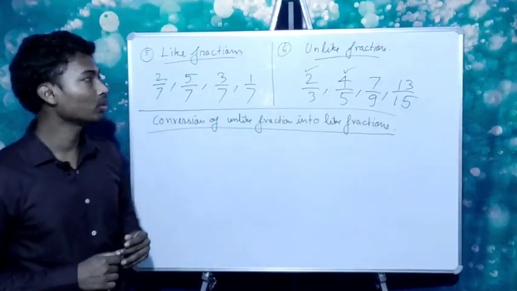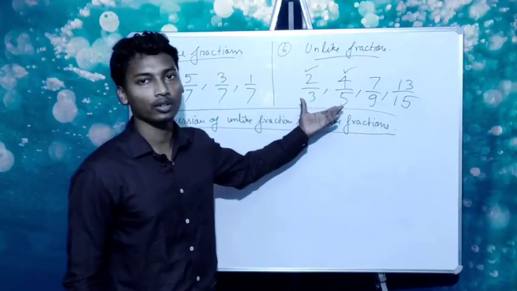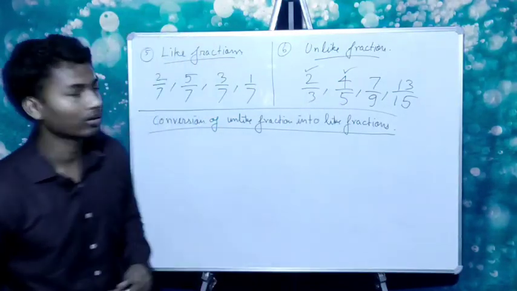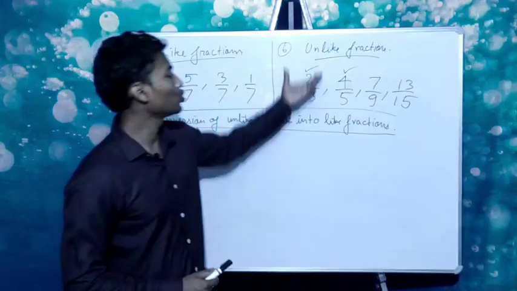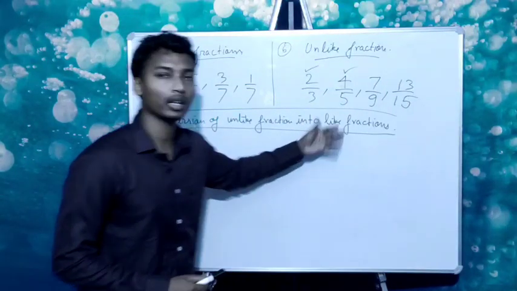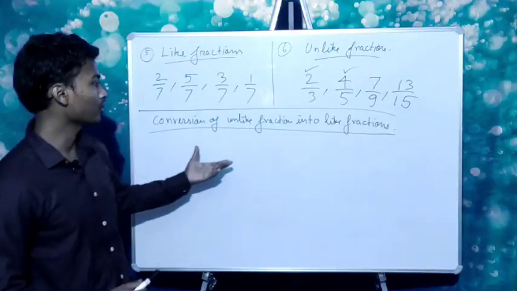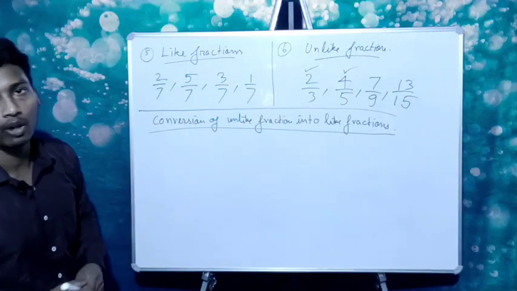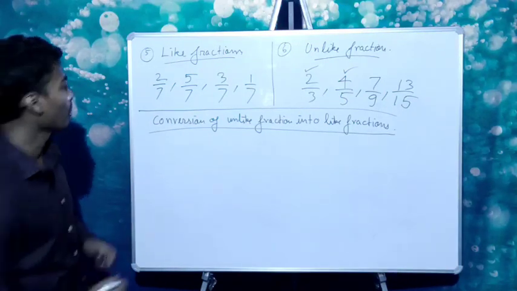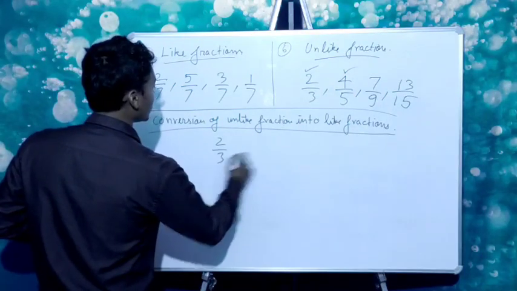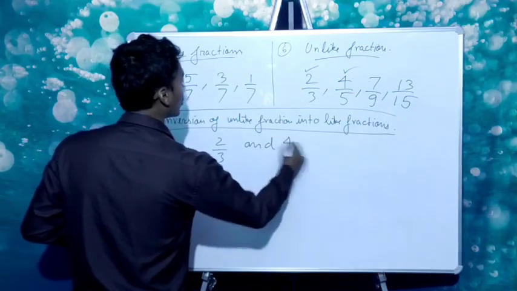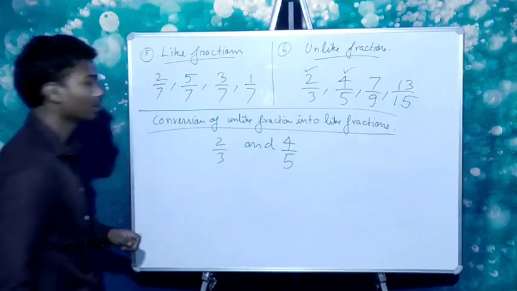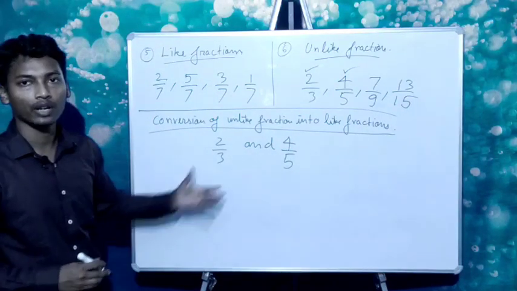There is a way to convert any unlike fraction into like fractions. So let's take 2 by 3 and 4 by 5 and convert them into like fractions, meaning they will have the same denominators. How can we convert them into like fractions?